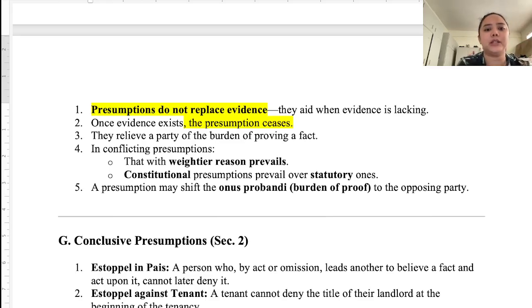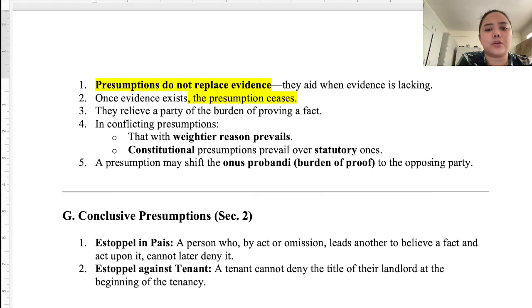Okay? They relieve a party of the burden of proving a fact. In conflicting presumptions, kung may duha ka lain-lain nga presumption, that with weightier reason prevails. And also, always remember, very important, constitutional presumptions prevail over statutory ones.